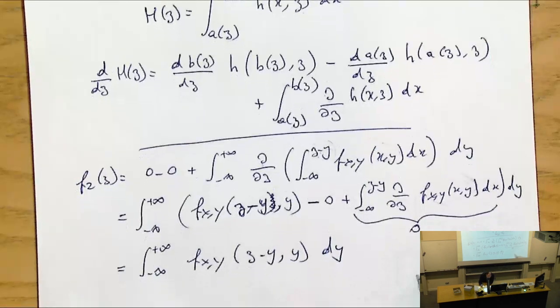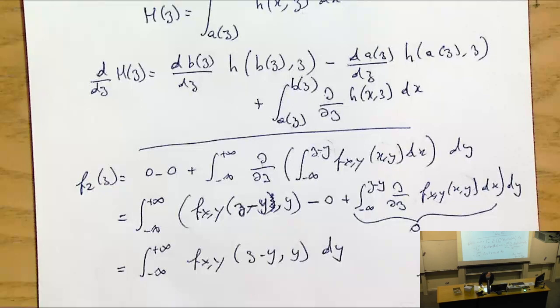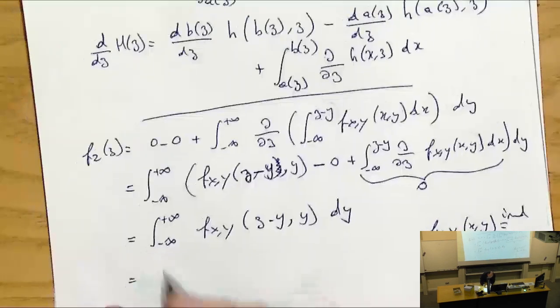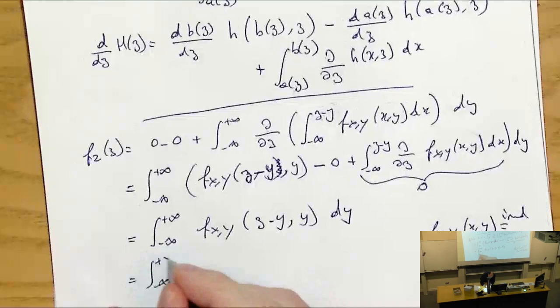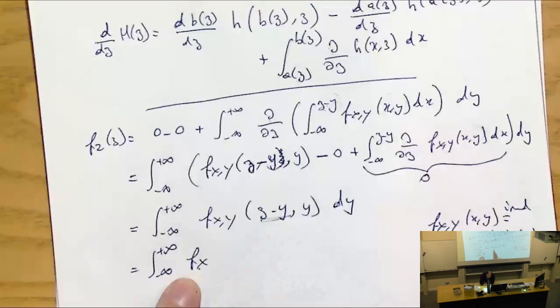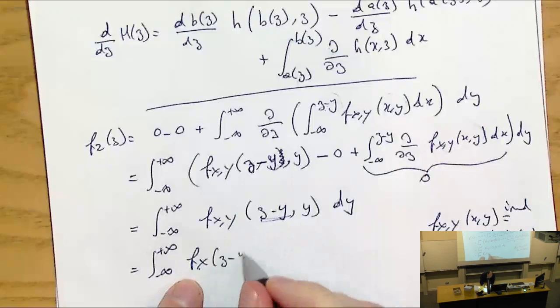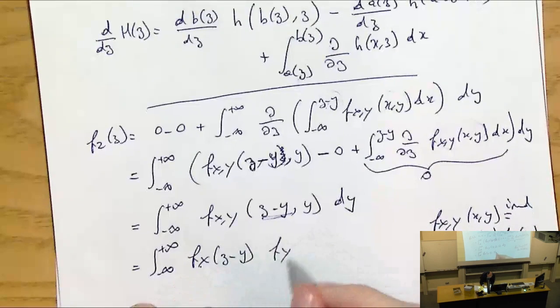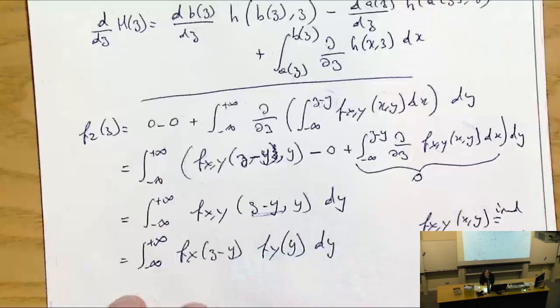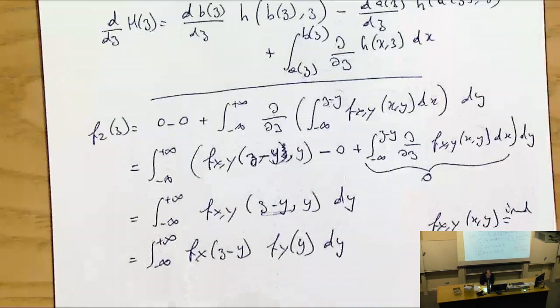So what's happening if they're independent? If they're independent, what do we get here? The integral between minus infinity and plus infinity of f of x evaluated at its argument here, z minus y, multiplied by f of y dy. Is that something you're familiar with?